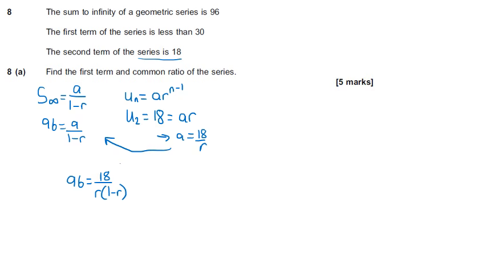Let's bring the r times 1 minus r to the left hand side. So we get 96 r 1 minus r equals 18. So we get 96 r minus 96 r squared minus 18 equals 0. I'll multiply by minus 1 and write it in the usual order.